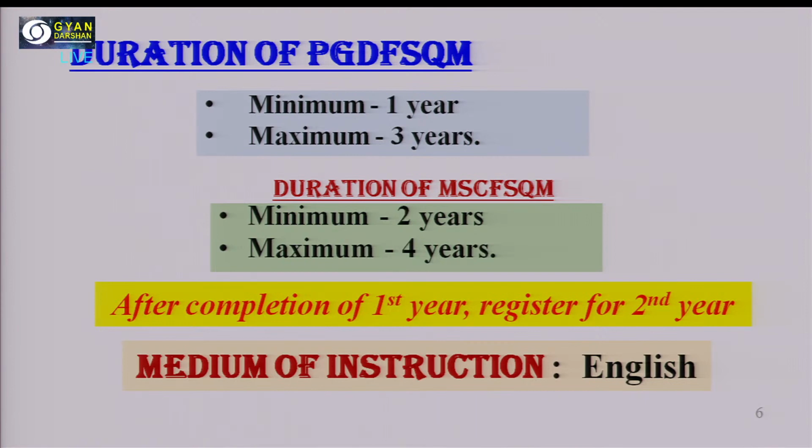You can complete the MSc program in 2 years time. If you cannot do it within 2 years, your registration will be valid till the 4th year of your registration. For the MSc student, my request is to please re-register yourself after the completion of first year for the second year of the MSc. And the medium of instruction is English only.